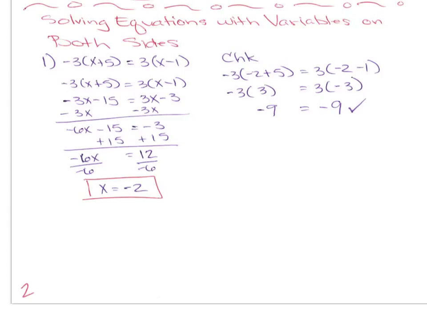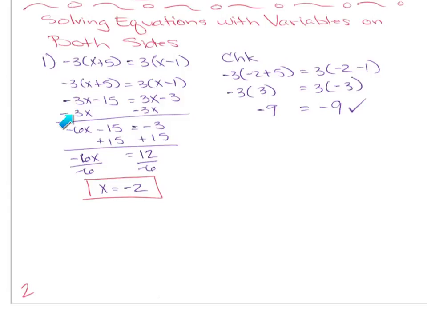Now I want to isolate the x, or move all the x's to the left-hand side of the equation. So I'm going to move this positive 3x to the other side. Since it's a positive 3x, I'm going to have to subtract 3x from both sides of the equation. This would cancel out, and I'll be left with just negative 3 on the right-hand side.